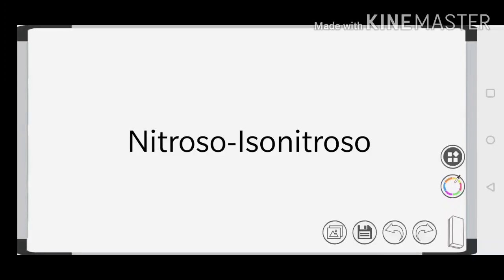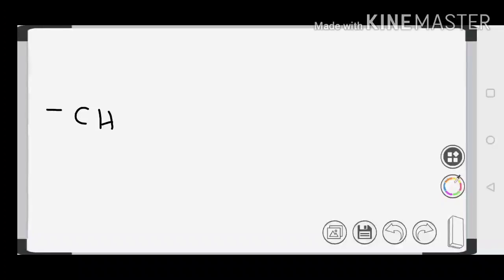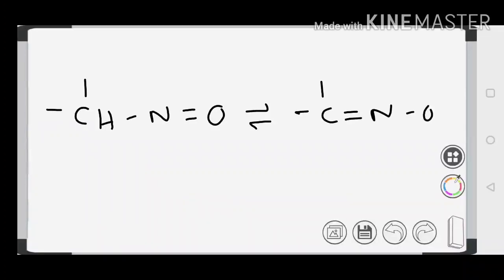Then there is isonitroso tautomerism. This is how it looks like. CH single bond N double bond O, C double bond N single bond OH.